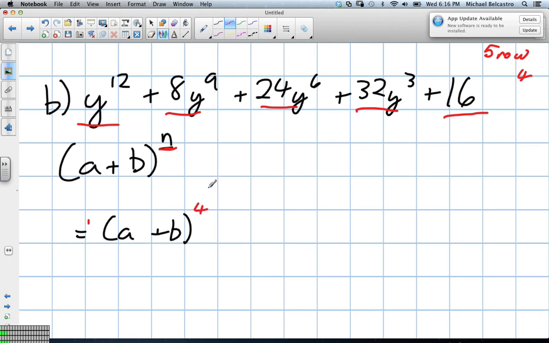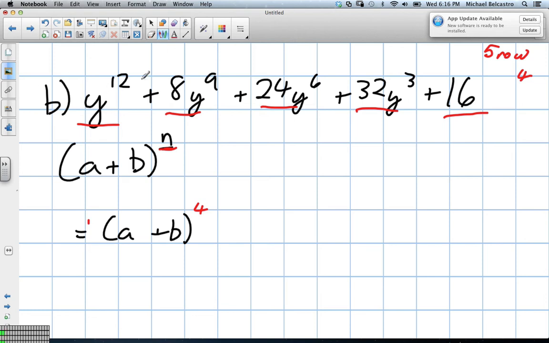Now the next thing we want to do is focus in on the very first term of the binomial and the very last term of the binomial. Okay. Now we know because this is to the power of 4, if you look at this part here, both of our terms are going to be to the power of 4 each. Okay?